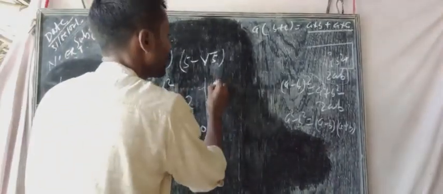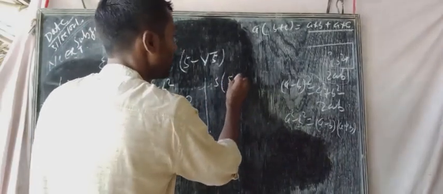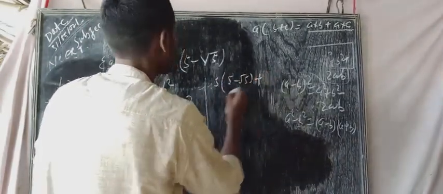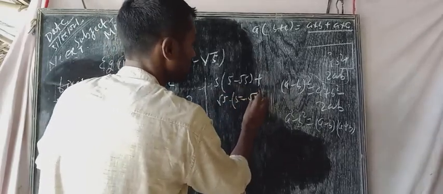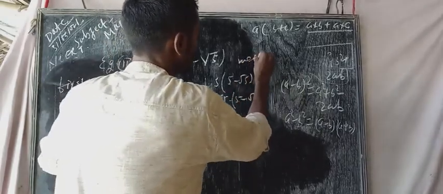(5 minus root 5) into (5 plus root 5). Method 2.